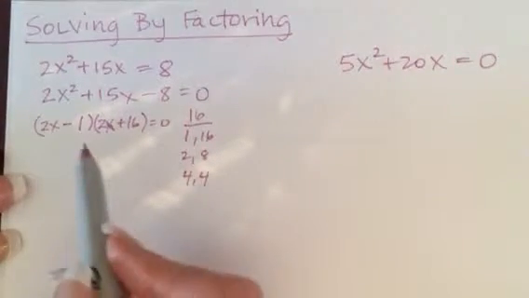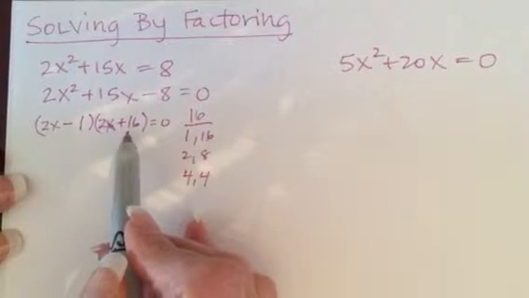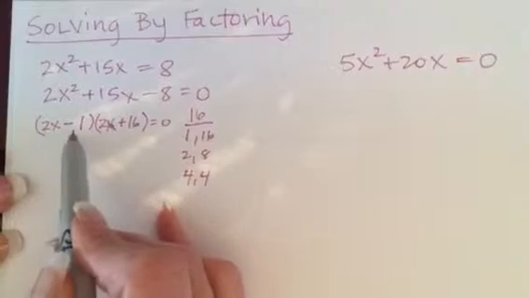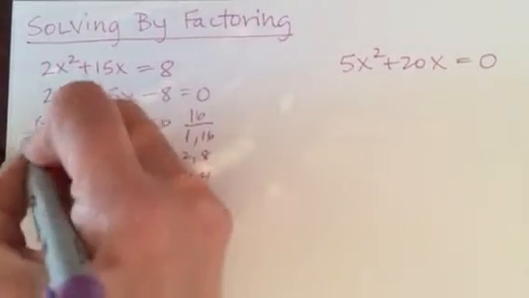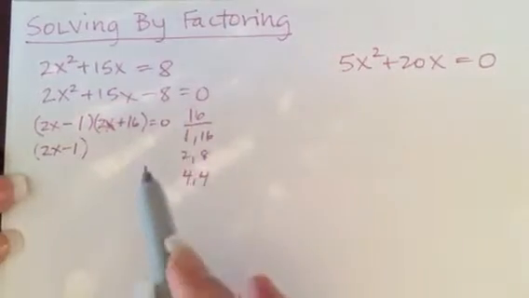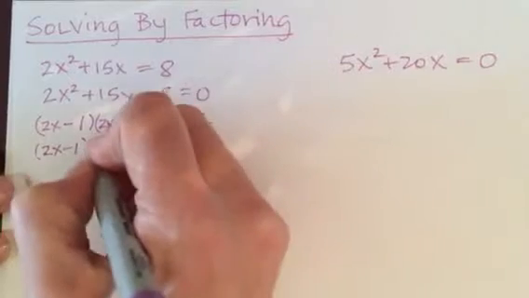The last step in this process is to examine each binomial and reduce it by any common factor. Okay, so the 2x minus 1 has no common factor. We leave that alone. The 2x plus 16 does have a common factor of 2, so we divide that out.